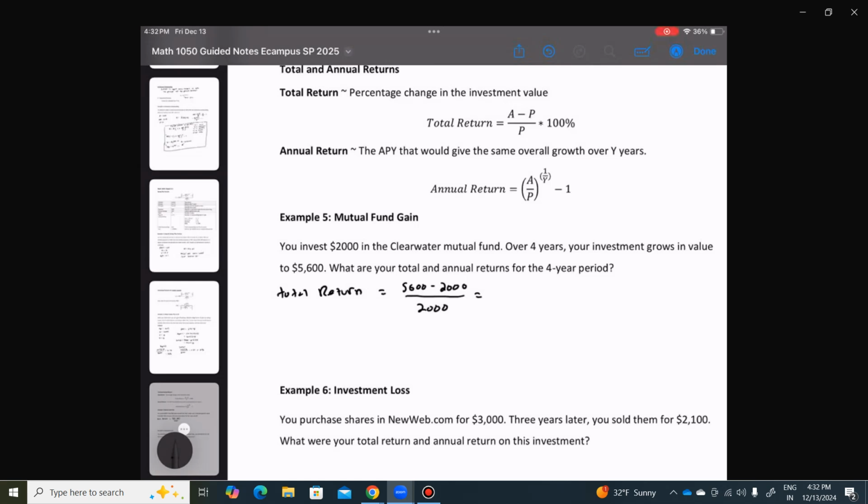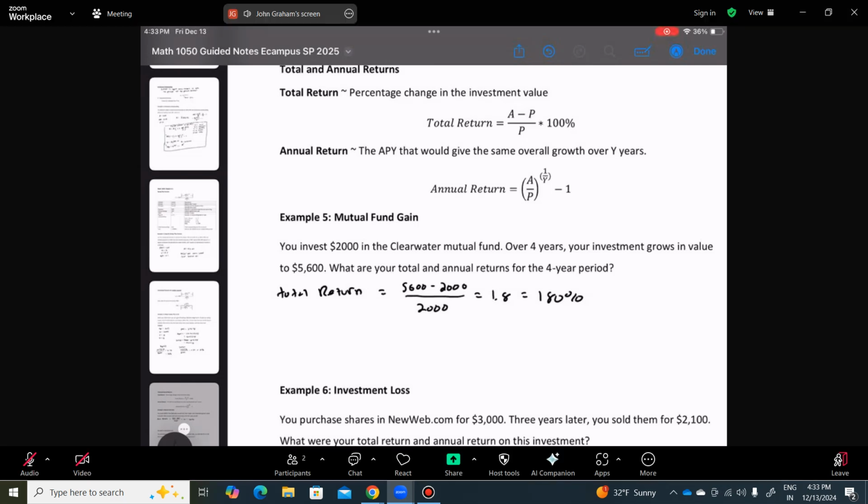I get 1.8, which is 180%. If you invested 2,000 and didn't make anything, you end up with 0%. If you double it, so you end up with 4,000, you get 100%. So that's how this is looked at.